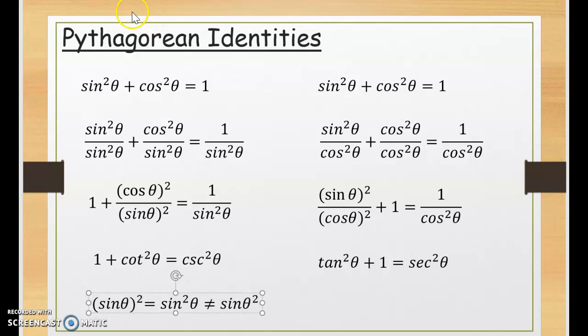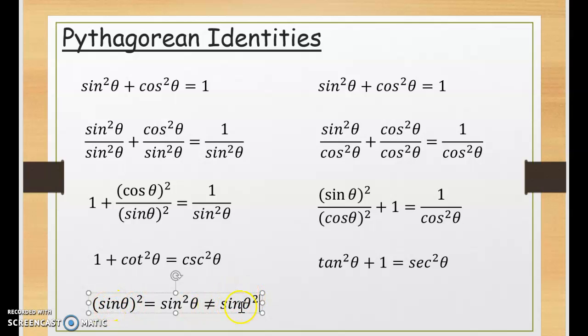Because in terms of order of operation, when you have something like this, you say, I'm going to evaluate the sine theta first, and I'm going to take that ratio and square the answer, which is another way to write this. This still means sine theta times sine theta, which is the same thing here.